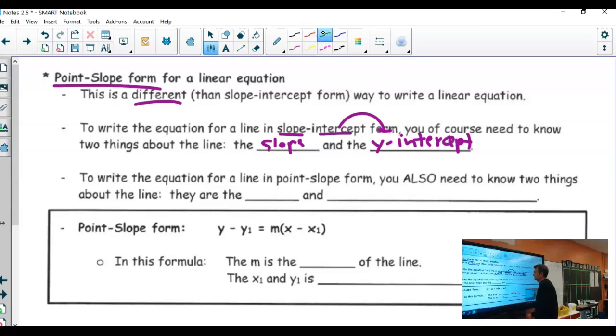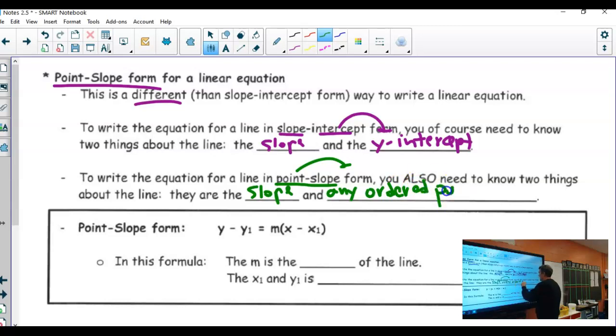Well, if you're going to write an equation in point-slope form, then you also need to know two things about the line. You still need to know the slope and any, now I could say point here, but I like to say ordered pair.